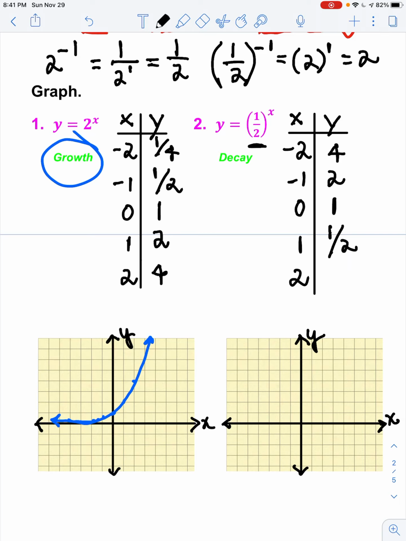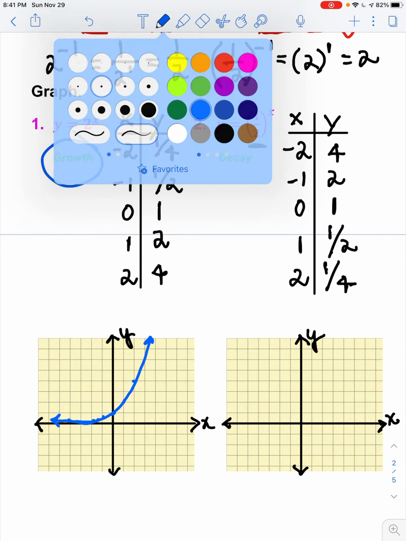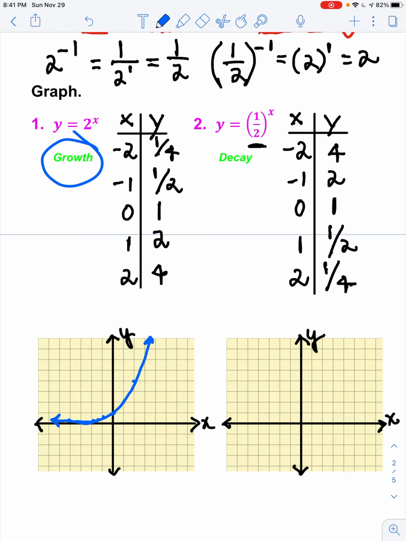And 1/2 raised to the positive 2, you would raise both the numerator and denominator to the second, and you get 1/4.